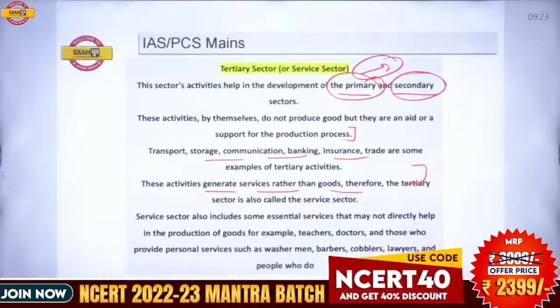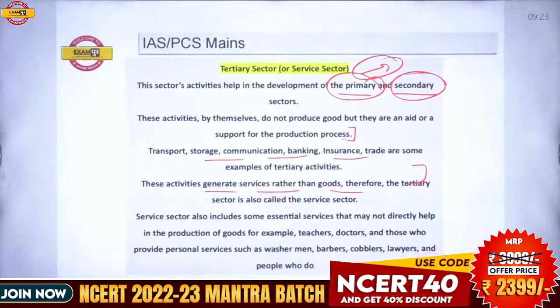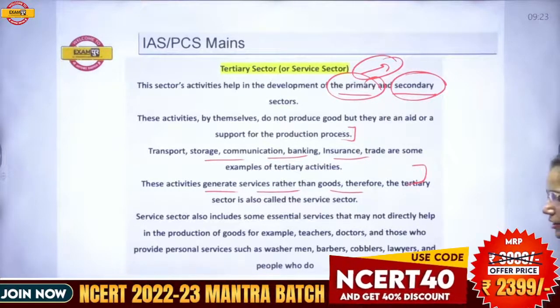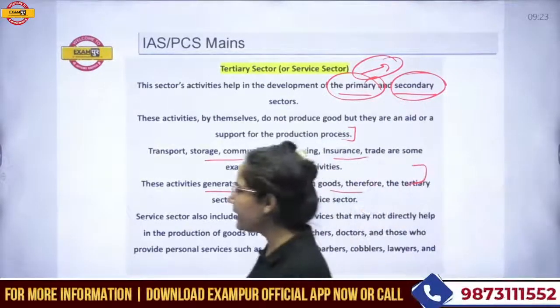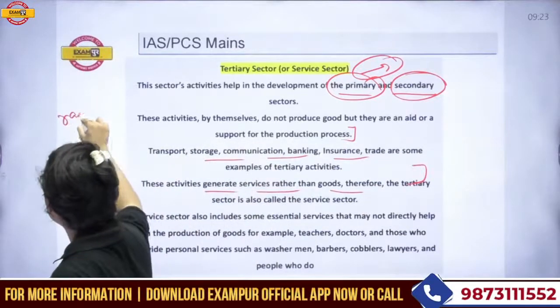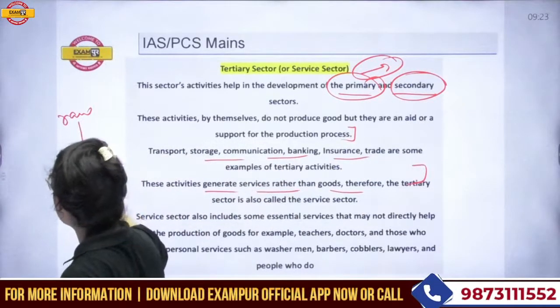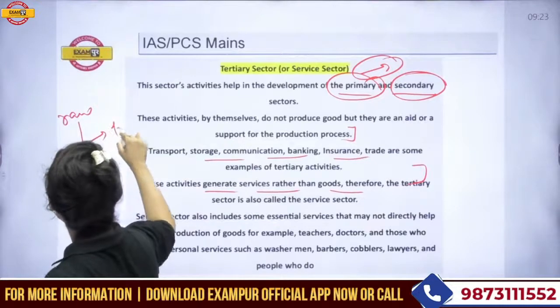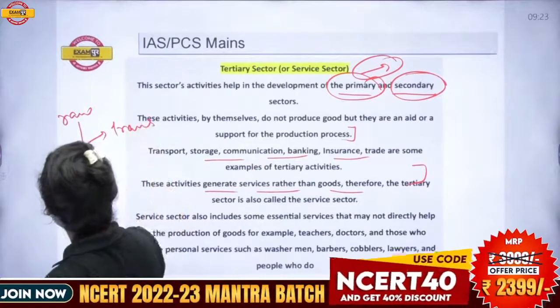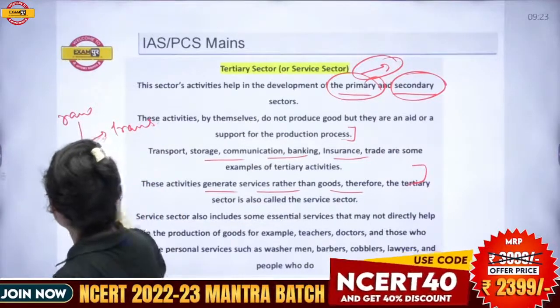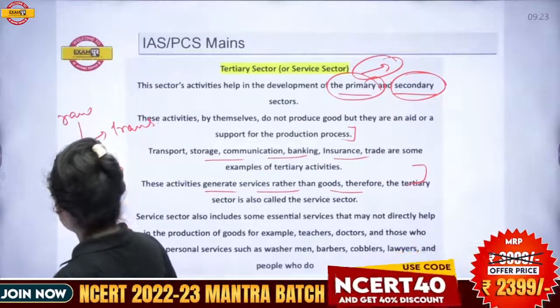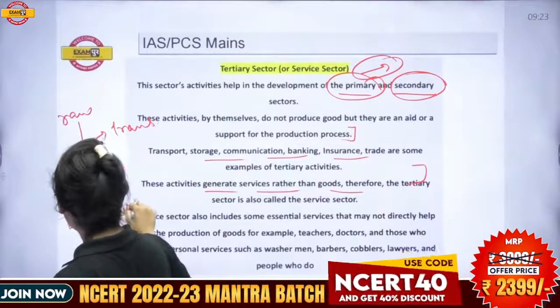Okay, the service sector includes essential services that may directly help in production. Obviously, if you are taking care of raw materials, they have to be sent to a production unit. It would require what? Transportation. Or if they want to deal with another production unit, they would require communication.